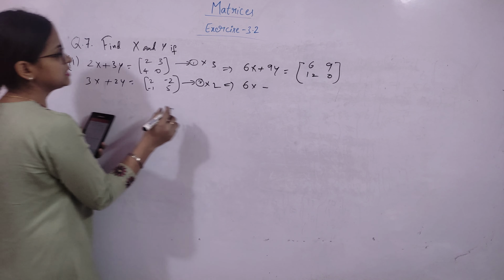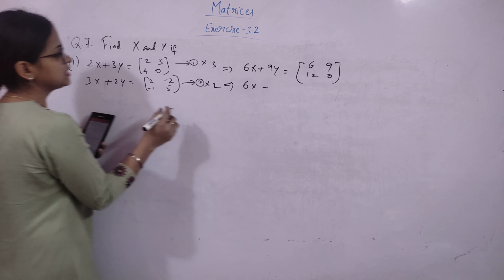So 6 minus 4 is 2. 9 minus of minus is plus, 9 plus 4 is 13. Next, 12 plus 4 is 14. And then 0 minus 10 is minus 10. So we are getting 2 13 14 and minus 10, and this is the value for 5y.